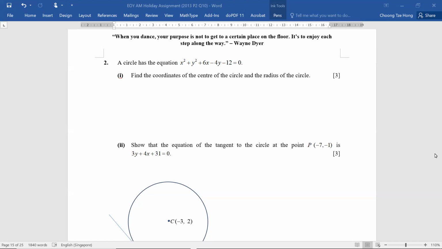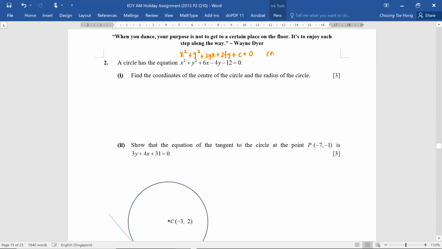For part 1, we are asked to find the coordinates of the center and the radius of the circle. If we are given the general form, I prefer to use the 2g2f method. The general form of the equation of a circle goes like this: x squared plus y squared plus 2gx plus 2fy plus c equals 0.